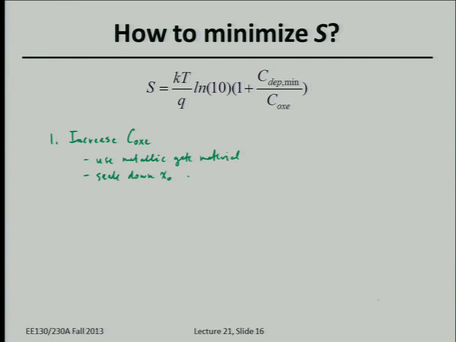Let's look at C ox, which is nominally equal to epsilon, the dielectric permittivity, divided by the dielectric thickness. So yes, we can scale down X0, but tunneling limits this. Basically, if you physically make the dielectric too thin, it's not going to be a good insulator. You can have quantum mechanical tunneling of carriers through it.